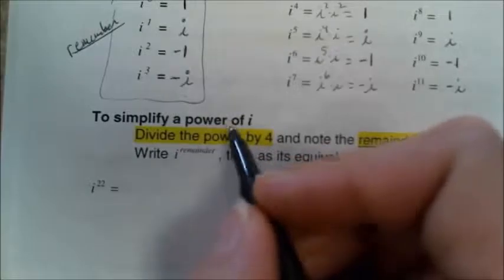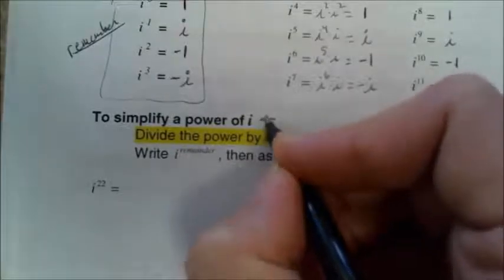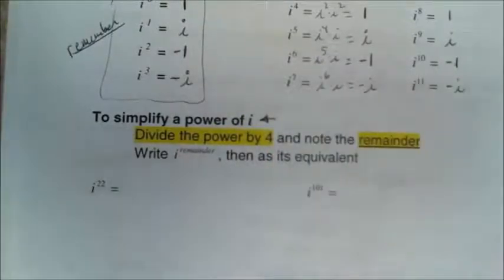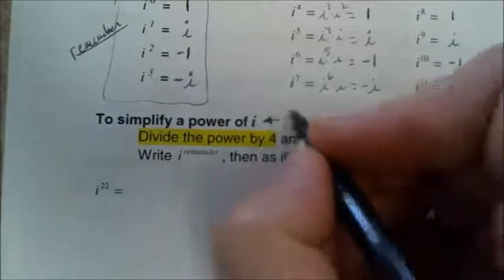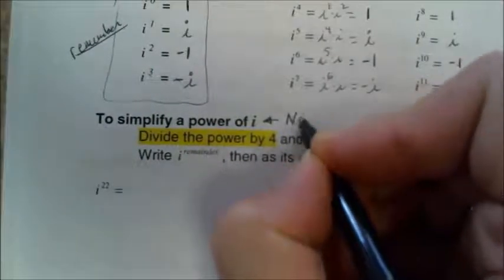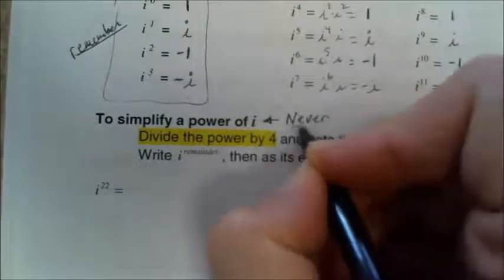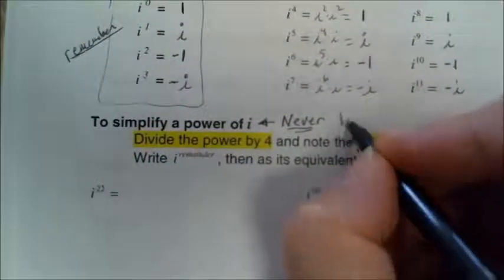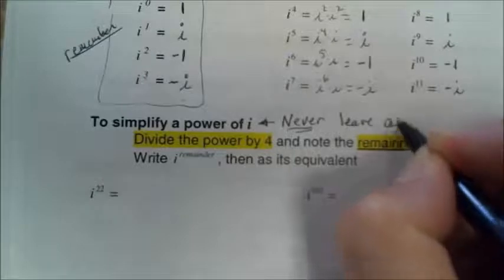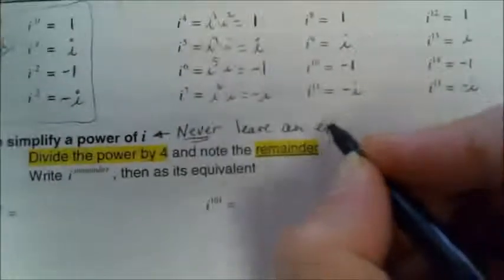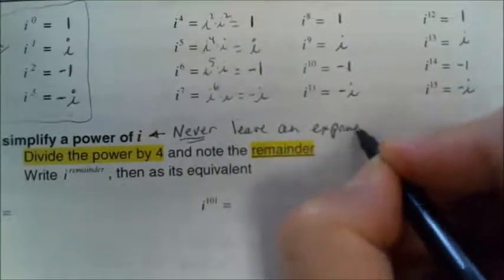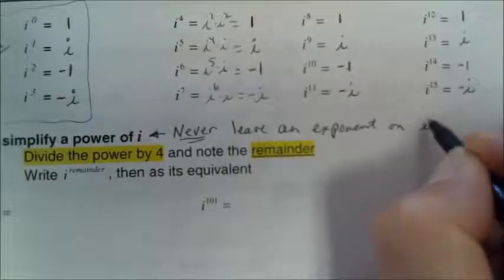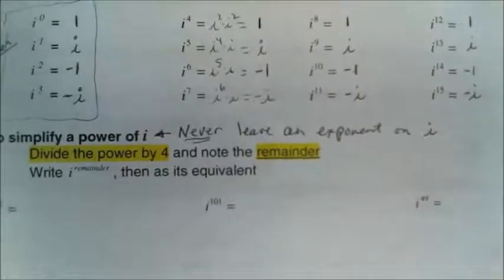To simplify a power of i, and I'm going to add a little note, and I'd like you to add to the note that you never leave an exponent on i. Never, never, because it can always be simplified to one of these things. Never leave an exponent on the imaginary unit. Never.